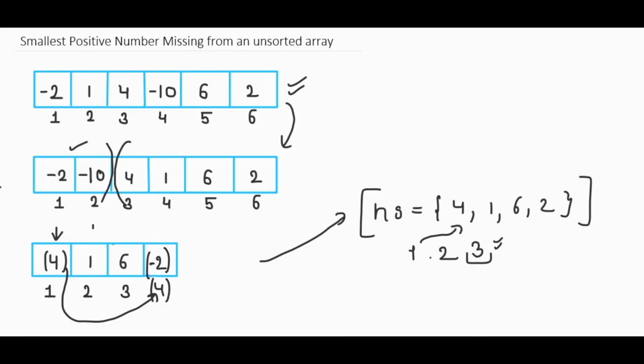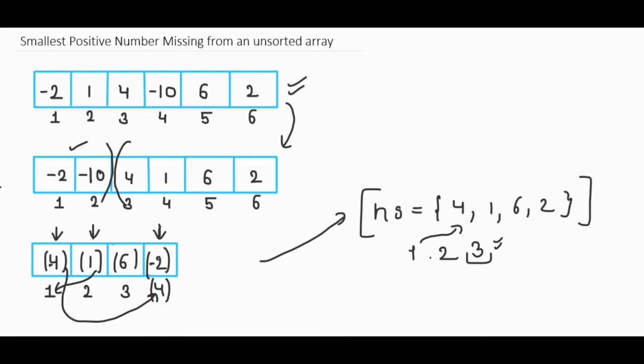Then we'll go to the next element. What we will do is, we will make the element present at index 1 negative now. So we have index 1, we'll go to the element and we'll make it negative. Now it is minus 4. Now I'll come to the third index, which contains 6. But there is no element present in this array whose index is 6, because the size of the array is only 4. So we will not do anything here and we will move forward.